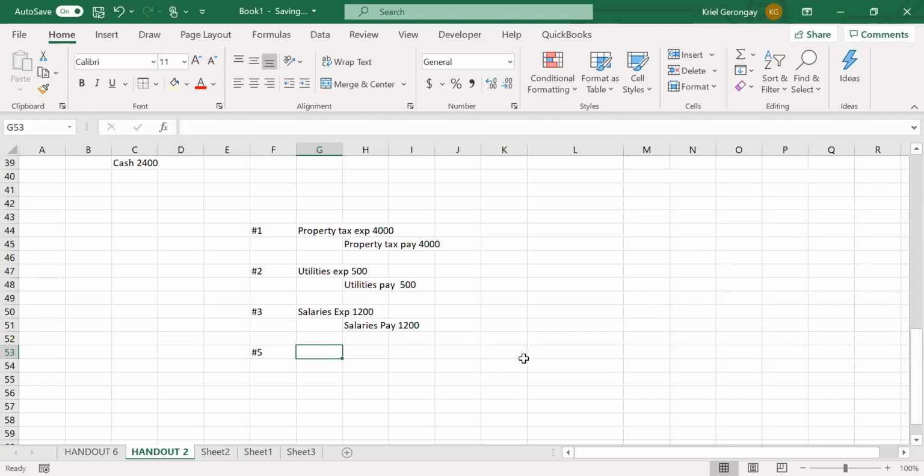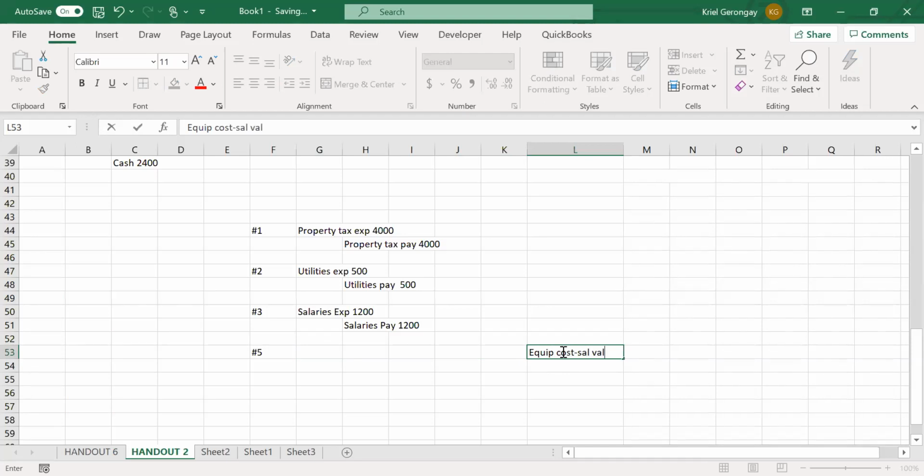So if you recall the formula for depreciation, which is equipment cost minus salvage value, divided by the number of useful years, or useful life.